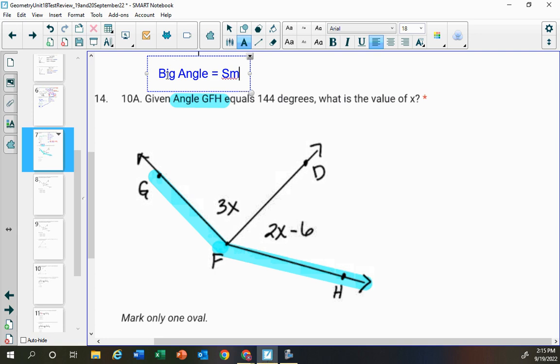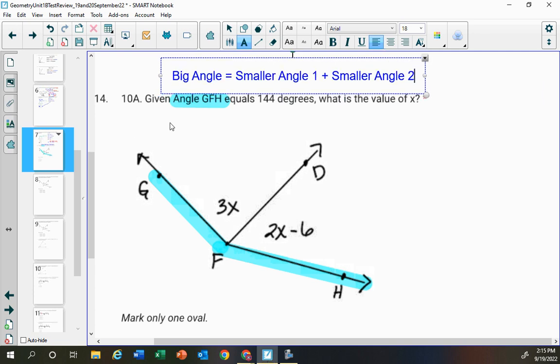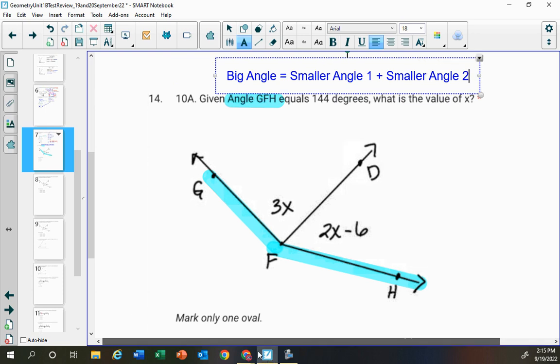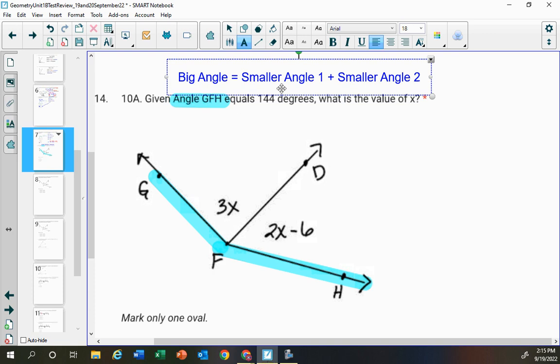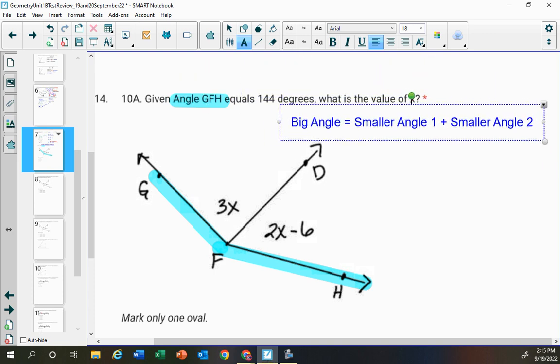So here's what you do. The big angle we found out, which is GFH. So now this problem, here's how we're going to use this. This is our setup.